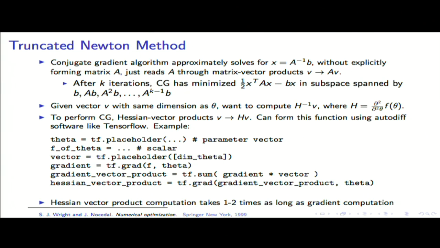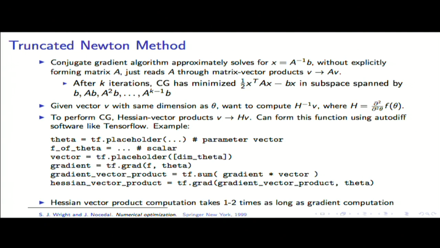Now let's talk about how to use this for optimization. So that's the conjugate gradient algorithm for just solving a linear system. But how do we use it in optimization? Let's say we're optimizing over our parameter vector theta. We need to do Hessian vector products to be able to do the conjugate gradient algorithm.